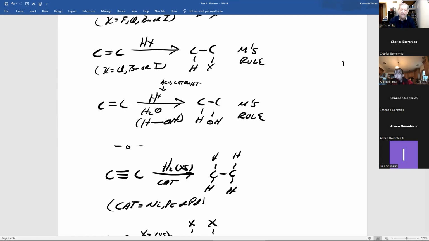What happens if you have unsymmetrical? In this case, a double bond with HX, where X can be chlorine, bromine, or iodine. You don't use HF, hydrofluoric acid, that's dangerous stuff. You break the pi bond, and one carbon gets the H, the other gets the halogen, and that's based on Markovnikov's rule.